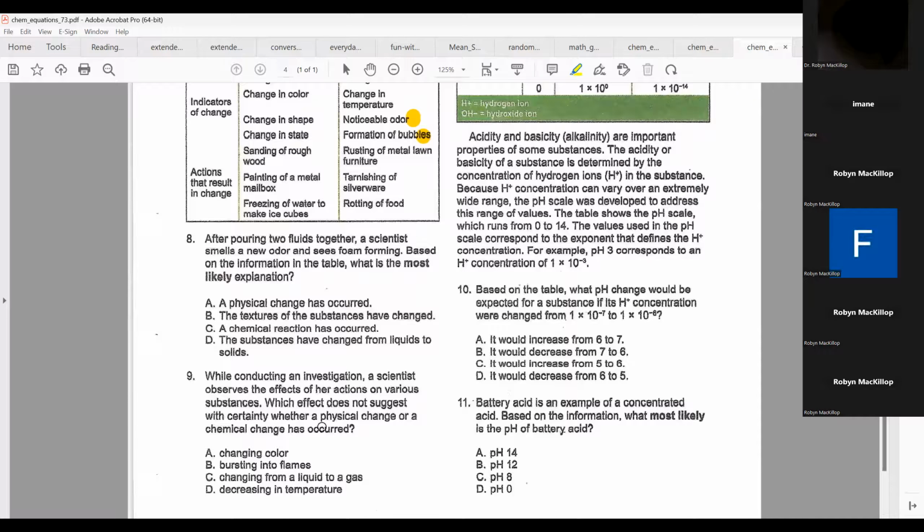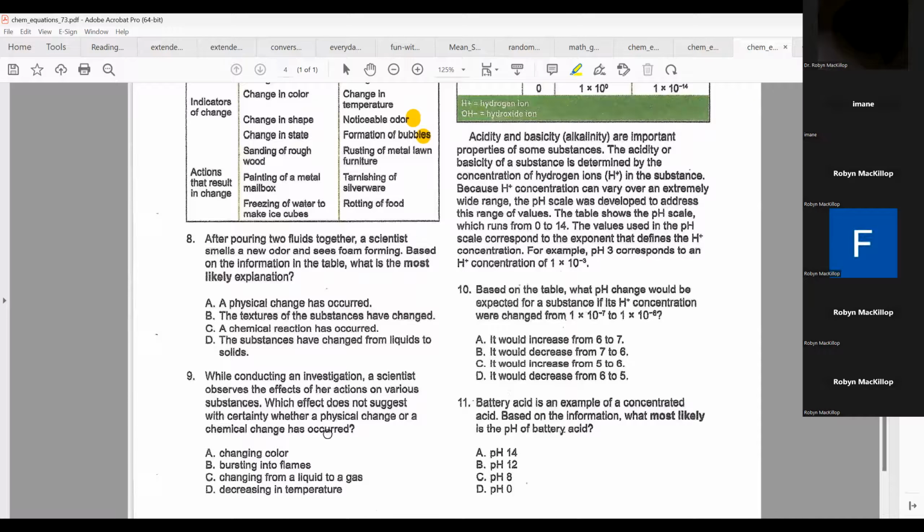So, number 9, while conducting an investigation, a scientist observes the effects of her actions on various substances. Which effect does not suggest with certainty whether a physical change or a chemical change has occurred? I don't like the way this question is phrased.